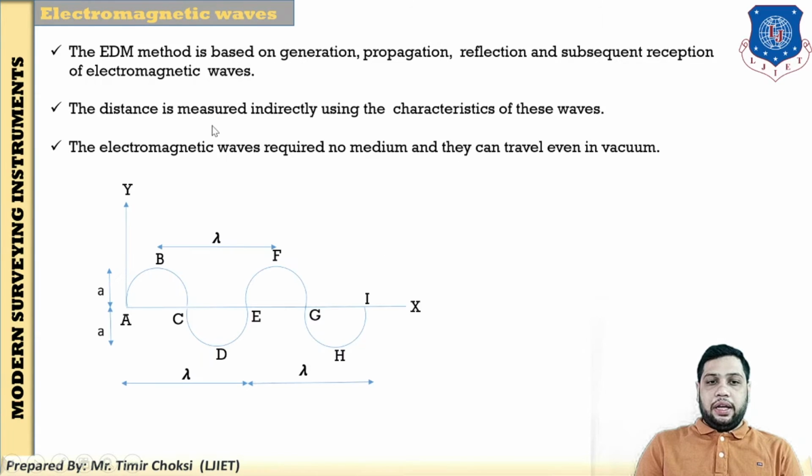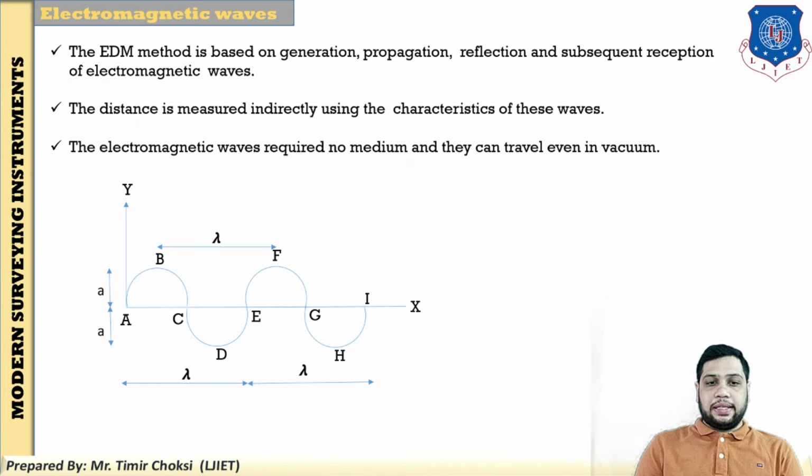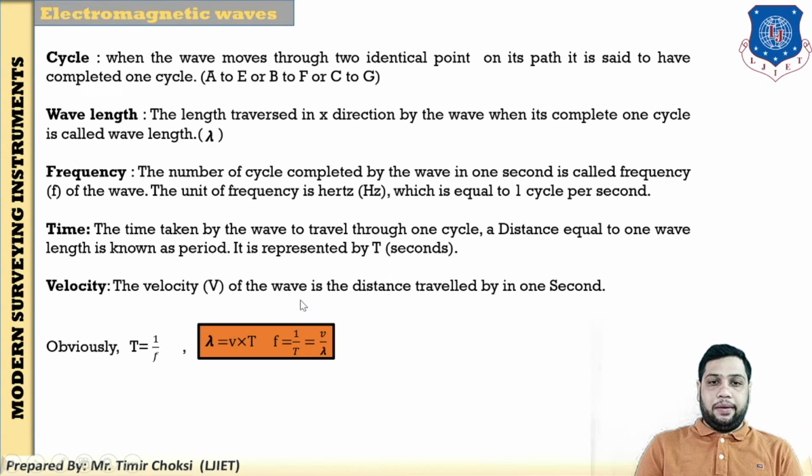Here, in the cycle A to E, the wave is generated at point A and reaches point E, so one cycle is completed. Cycle means the wave moves through two identical points like A to E, second example B to F, third example C to G. This is called a cycle.